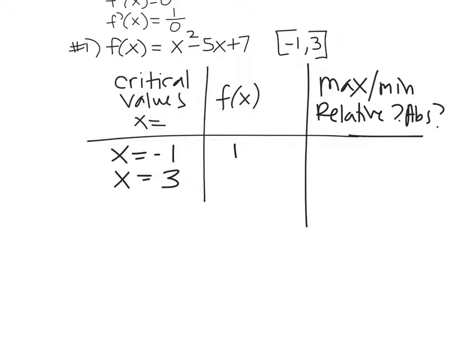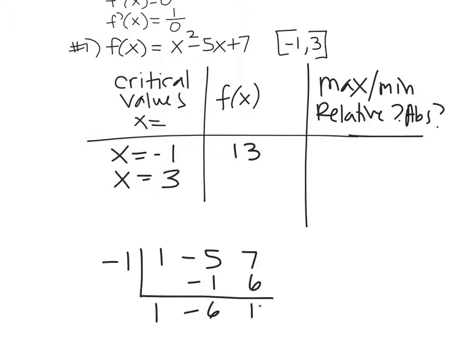Yeah. Me too. Another way, if you don't like that and you don't trust yourself, you can always do synthetic division. 1, -1, -6, 6, 13. That's really good. The remainder theorem says that f of -1 is 13.